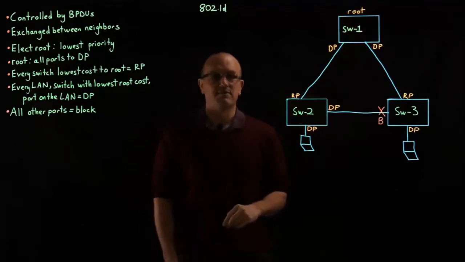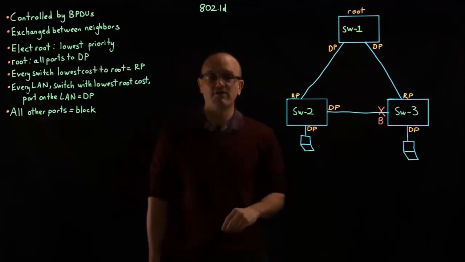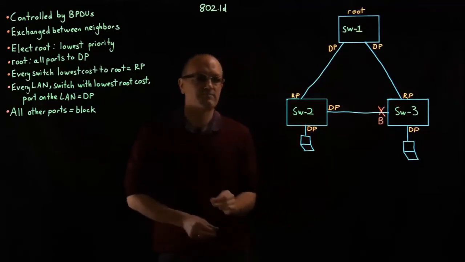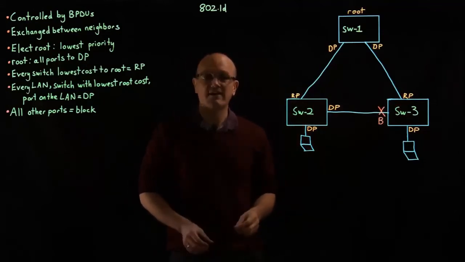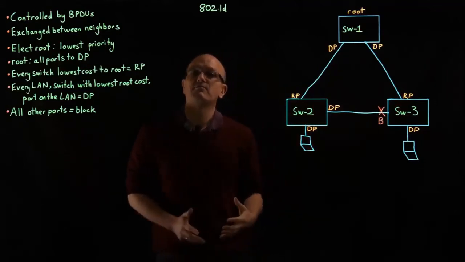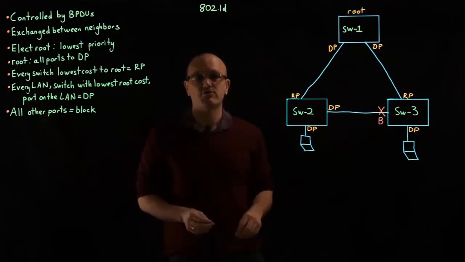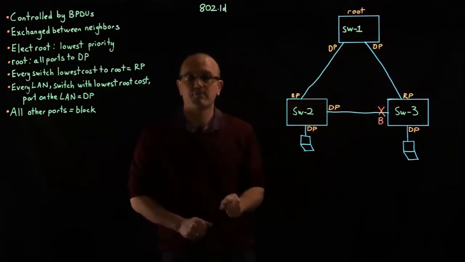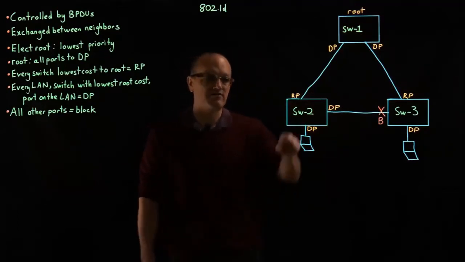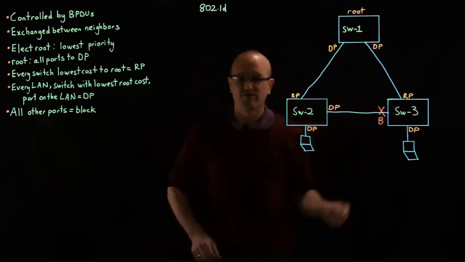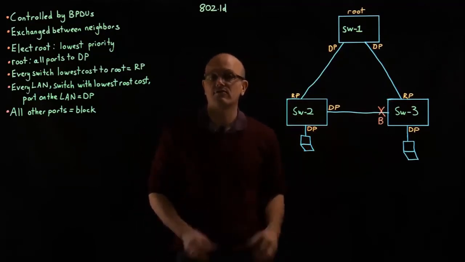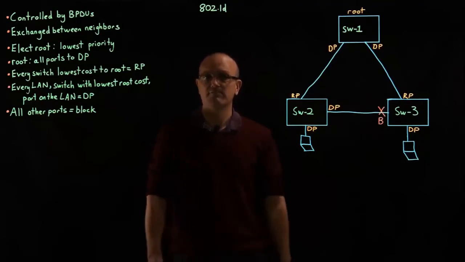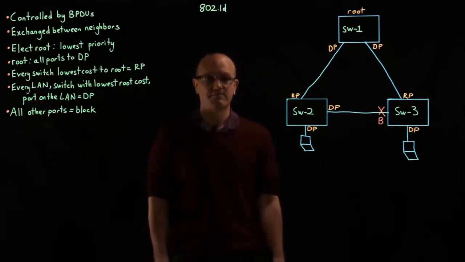The next step in the spanning tree operation is that all other switches in the network need to nominate a root port, and the root port is their port that's closest to the root bridge. This is determined because every port on every switch has a cost associated with it. This can be dynamically determined by bandwidth, or it can be manually configured.